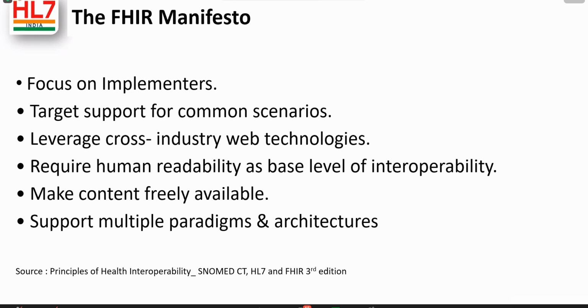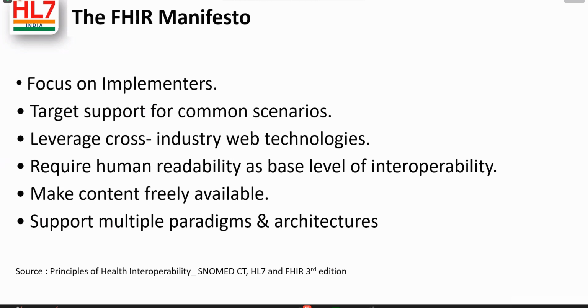So with these problems, HL7 embarked on a mission to make the standard more structured, and they embarked on a journey of creating HL7 version 3. Version 3, in all respects, was a fantastic standard. It tried to model everything possible in healthcare information exchange. But the problem was that it became very complex because they tried to model each and every possible scenario, and it was an XML-based format.